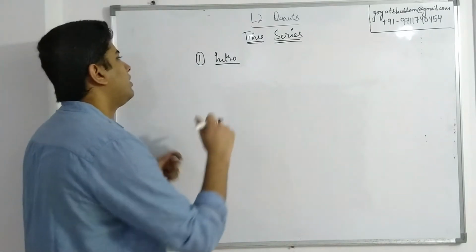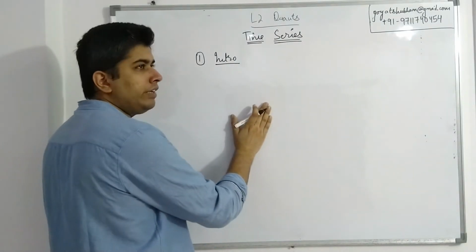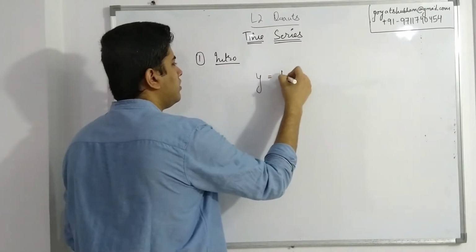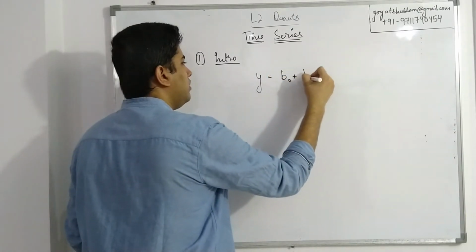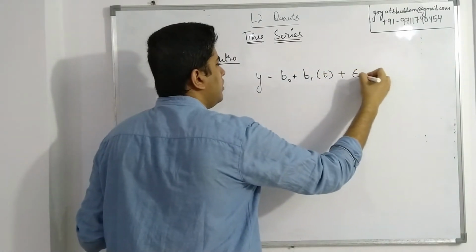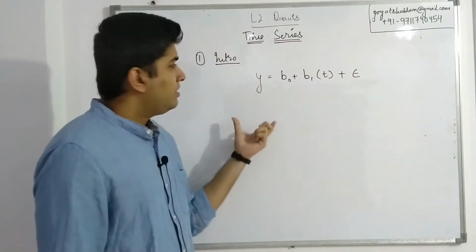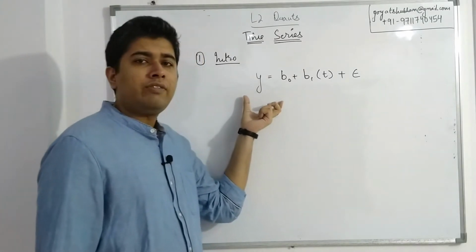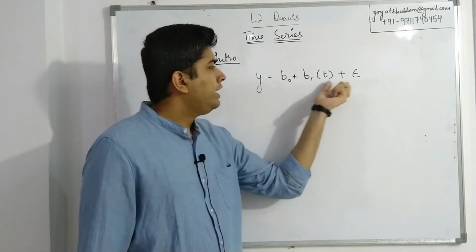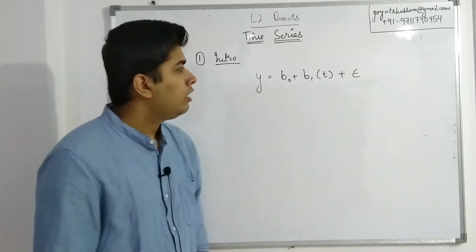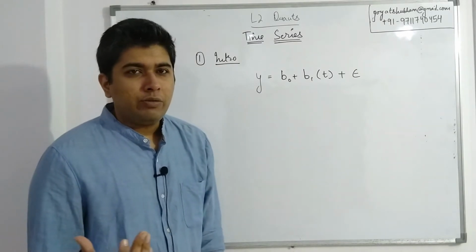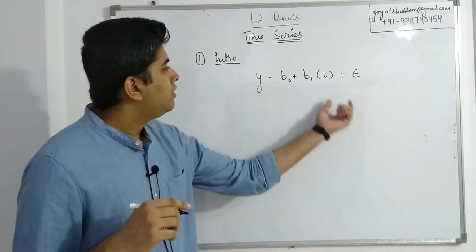So the most common form of equation we have for time series is, this is our most common notation of a time series equation. It is y is equal to b0 plus b1 t plus error term. Now, if you look carefully, in comparison to the linear regression equation, only one thing has changed.